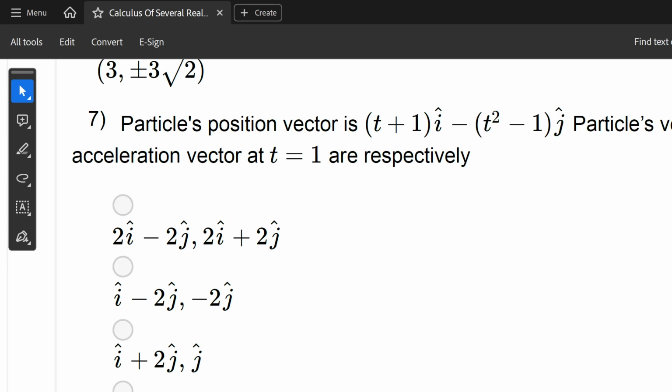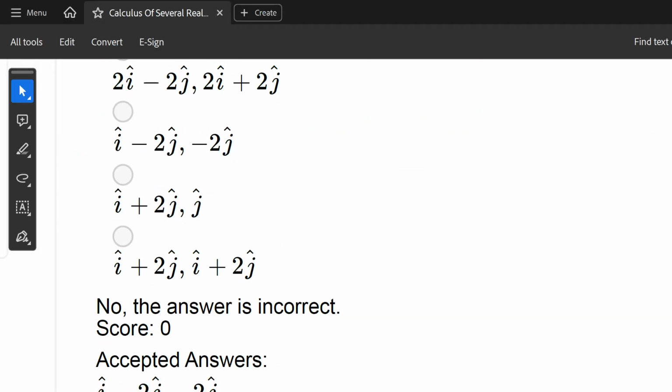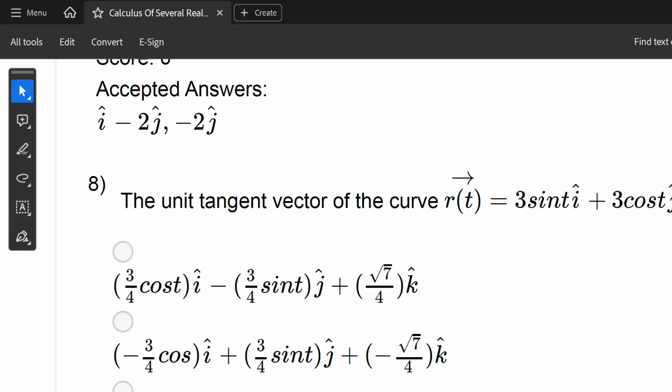Okay. So I will move to the next problem. That is again the unit tangent vector of a position vector. So what is a tangent vector? First you tell me what is a tangent vector of a curve. The tangent at a point of the curve will give us the slope at that point.